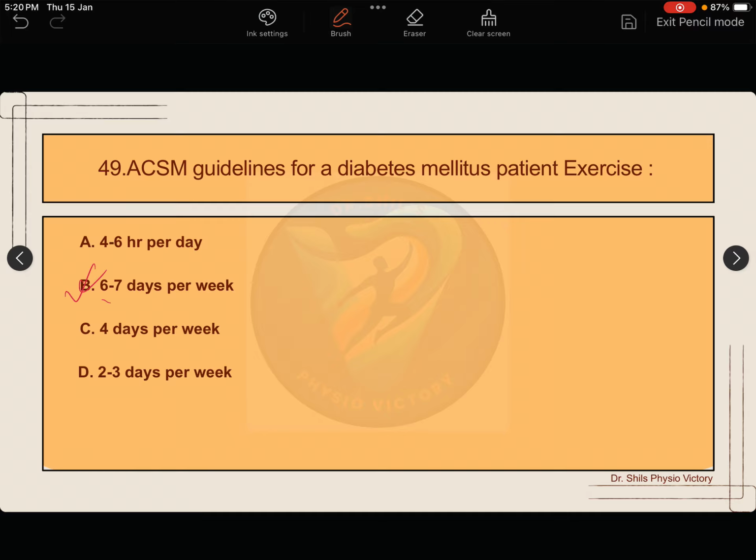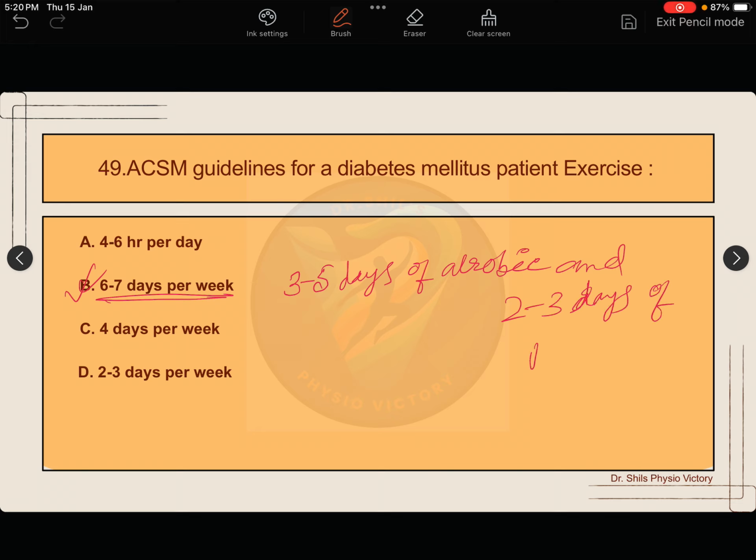Here, the correct answer is option B, 6 to 7 days per week, where 3 to 5 days of aerobic exercise and 2 to 3 days of resistive training. Total of 150 minutes per week.